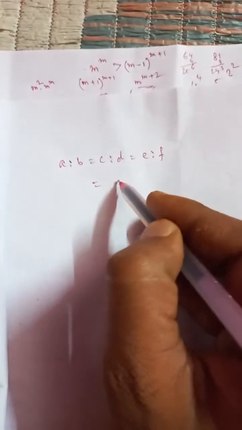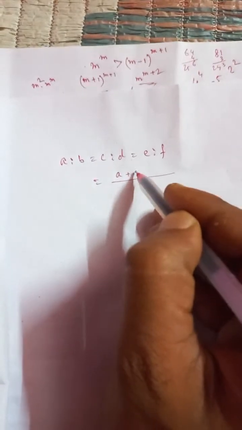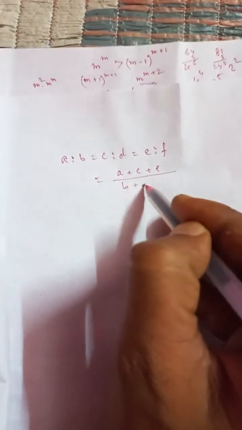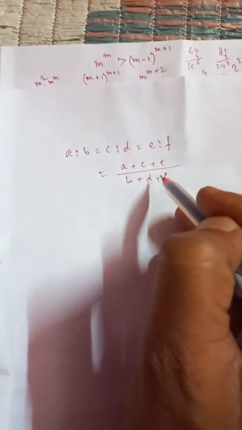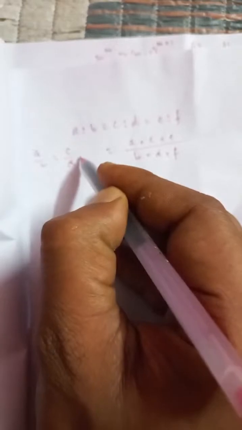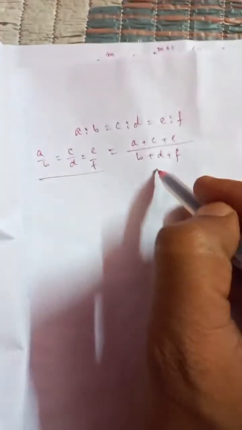equal to A plus C plus E by B plus D plus F. A by B is equal to C by D is equal to E by F. If this is true, then this is also true.